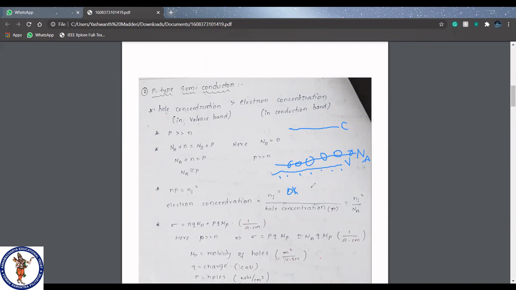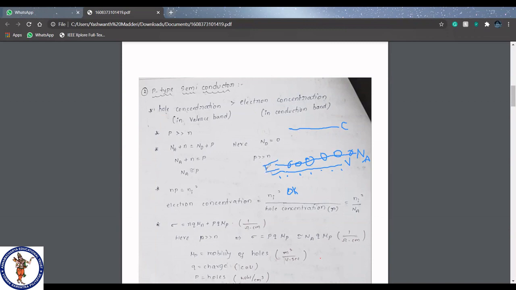The electron doesn't have any additional voltage or energy to move from the valence band to the conduction band, or from the valence band to the acceptor level, where there is a hole and an electron could lie. But the electron cannot jump even this small barrier.